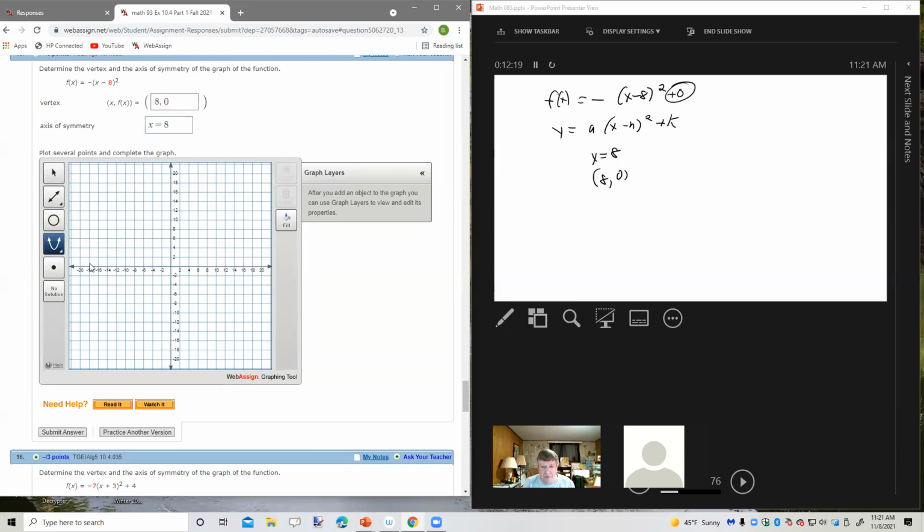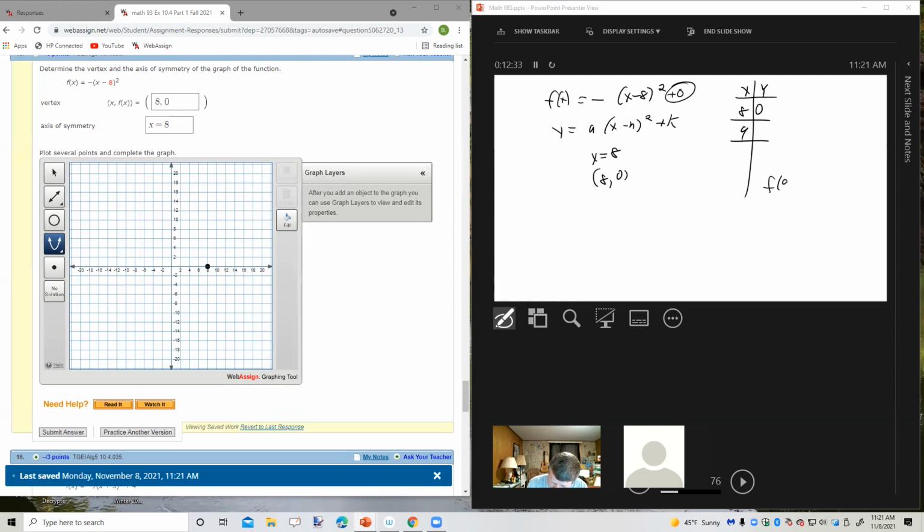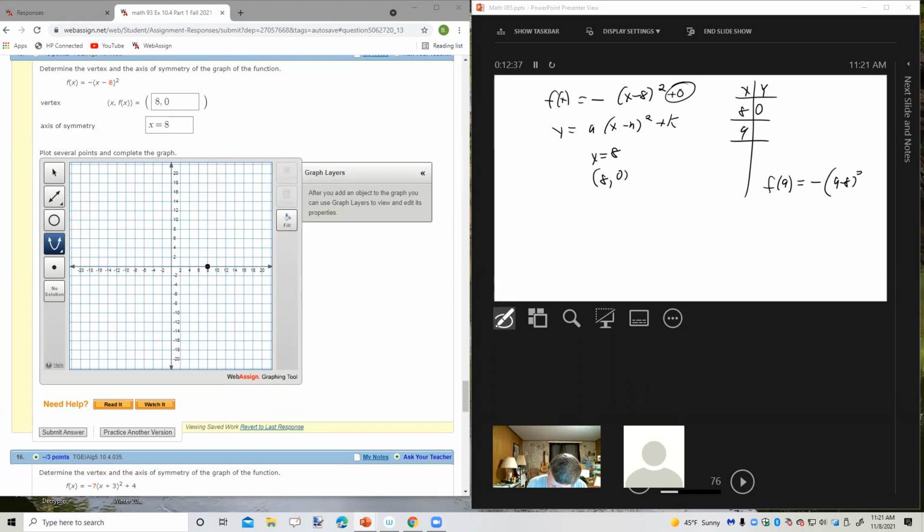I'm going to graph the vertex, which is (8, 0). Oh, but I need to find a second point, don't I? So let's go back over here. We've got (8, 0). How about 9? So f(9) is going to be negative, and then (9 minus 8) squared, and then the plus 0.